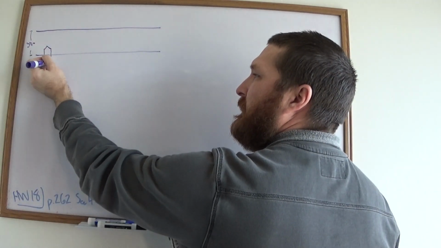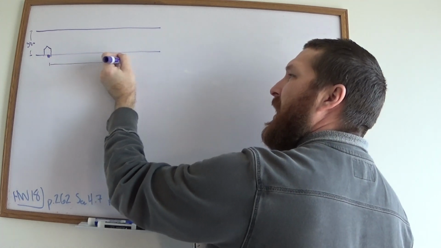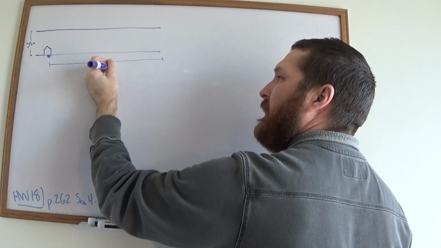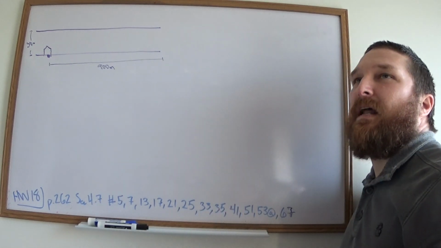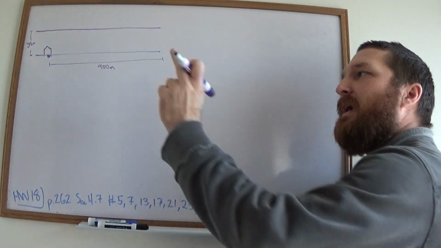From your point here, 900 meters down the river. So we're doing step 1 right now. I'm writing it out as I'm saying it. I'm drawing a picture of what's going on.